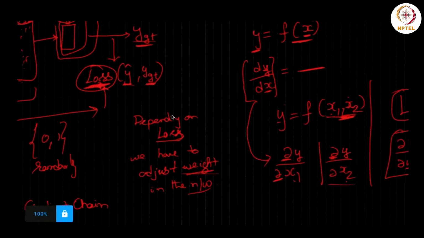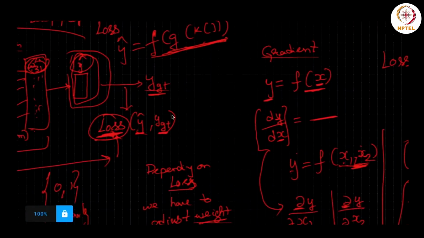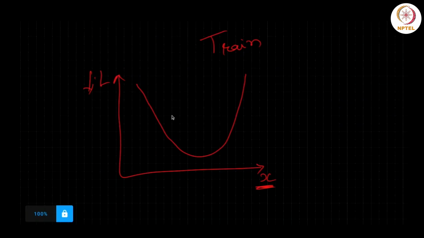If your prediction was good, the loss would be very low. If the model prediction was bad, the loss was high. The whole point of training your neural network is to reduce this loss as much as possible, right? So if this is the loss curve, you want to iteratively come lower and lower till you reach the global minimum.